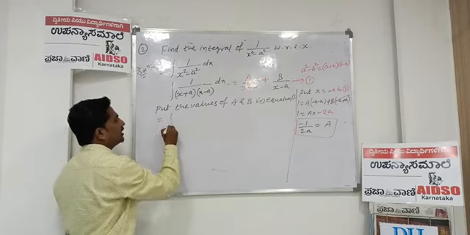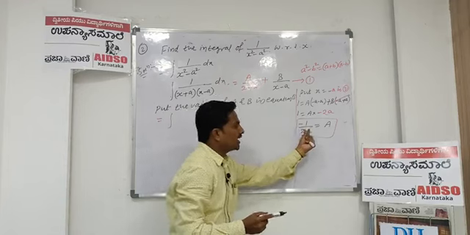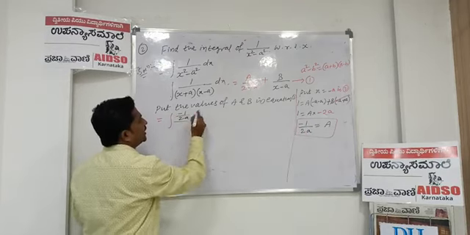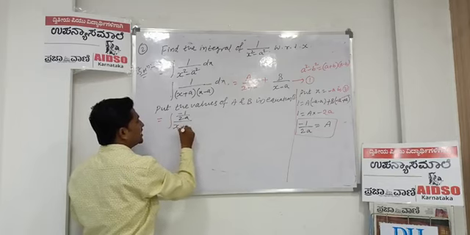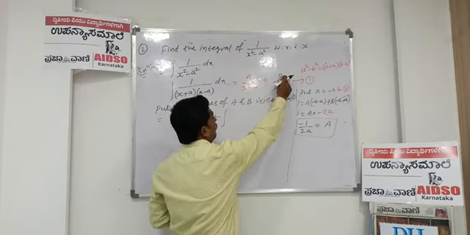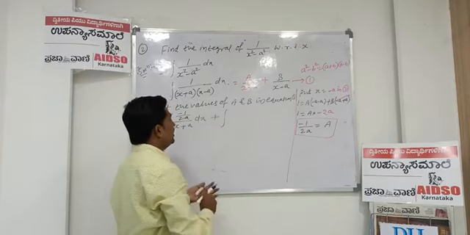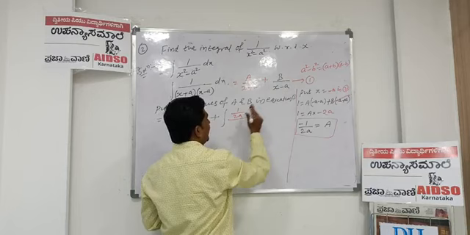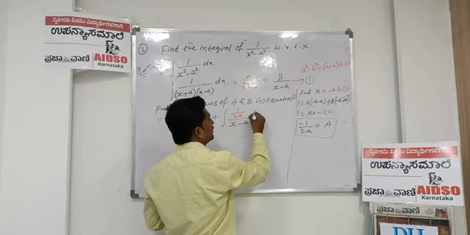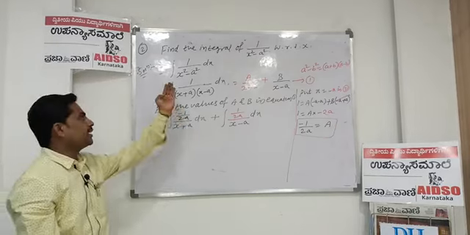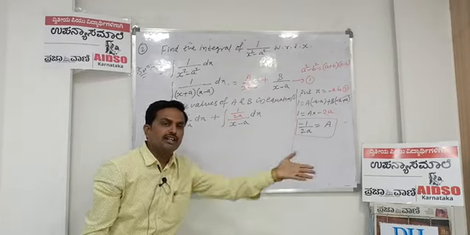The A value we are receiving is minus 1 upon 2a. So it is the integral of minus 1 upon 2a divided by x plus a dx, plus the integral of B, whose value is 1 upon 2a divided by x minus a dx. So we have substituted the values, simultaneously operating with the integral.